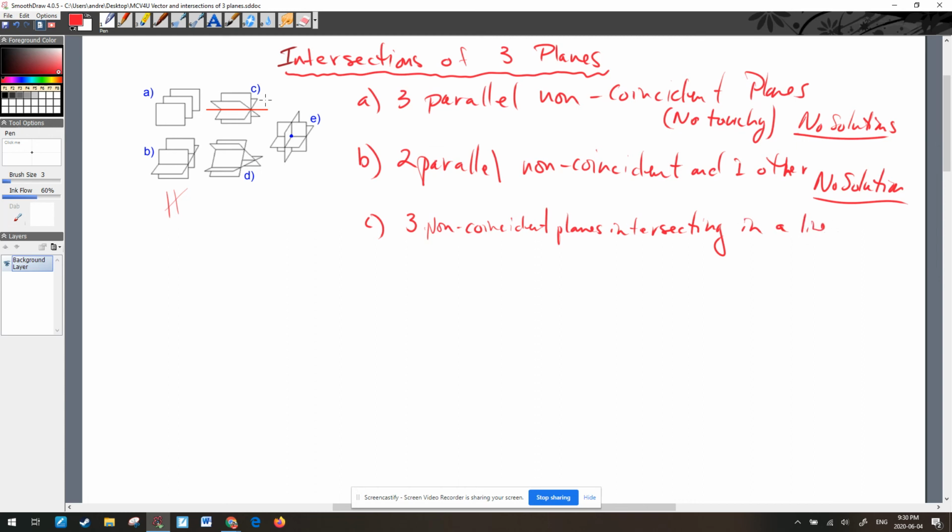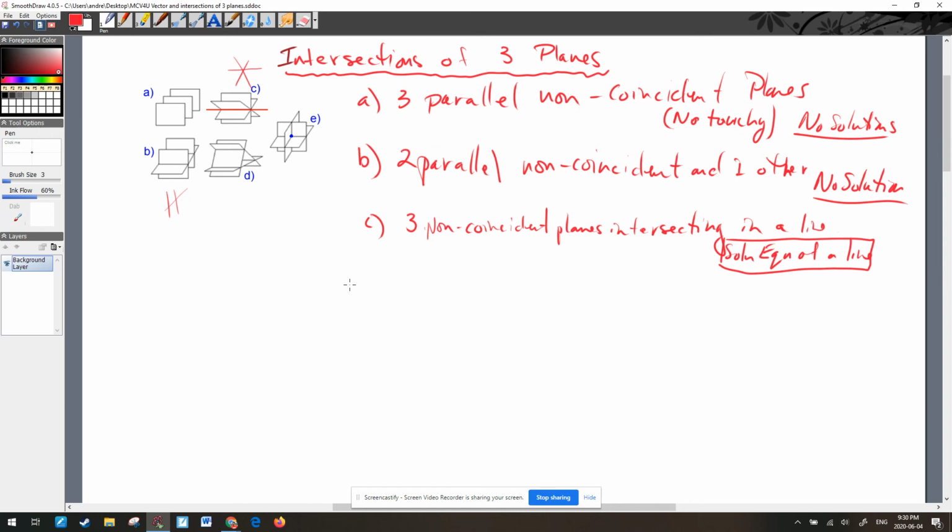This is kind of like a pinwheel, right? If the side view of the previous one's an H, the side view of this one would be like an asterisk. And there is one line. All three planes simultaneously exist on that line. So there is a solution, and the solution is the equation of a line.